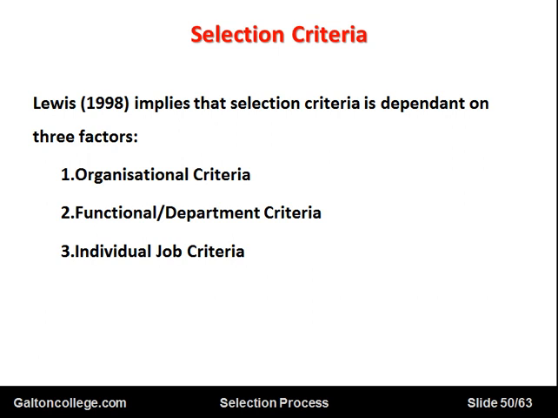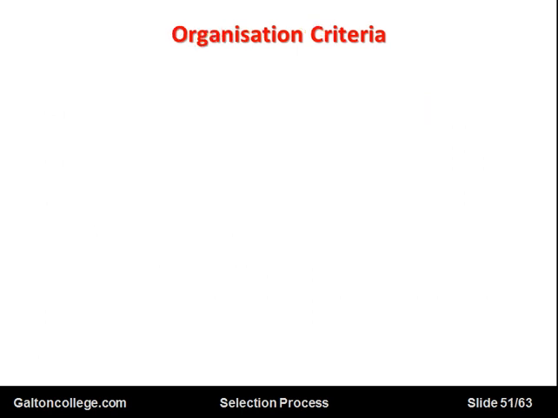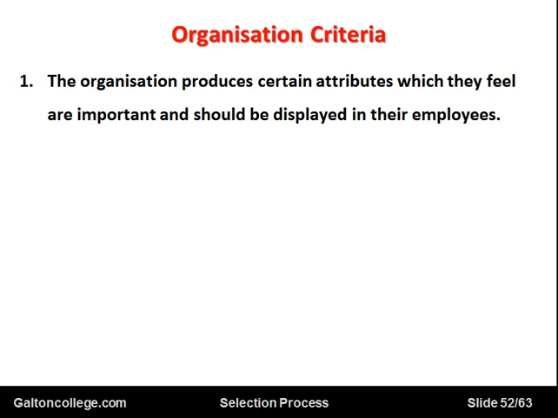Let's start with the organizational criteria. The organization produces certain attributes which they feel are important and should be displayed in their employees. So everyone who works for the company should have some sort of core identification with the business.